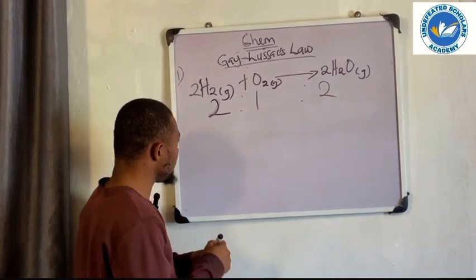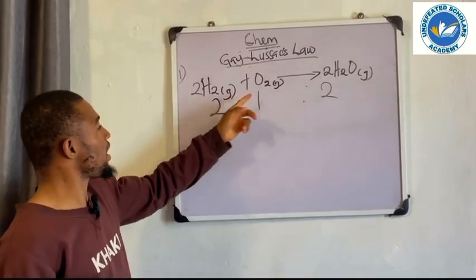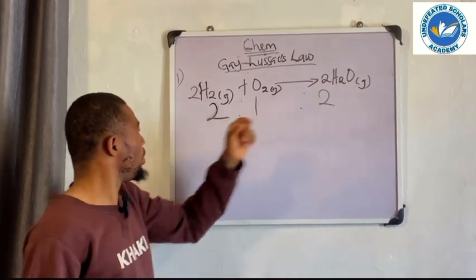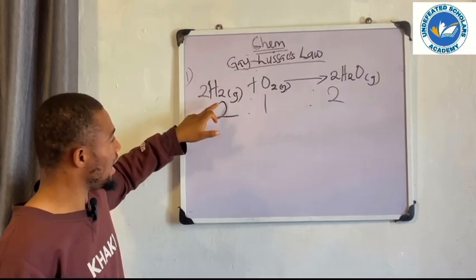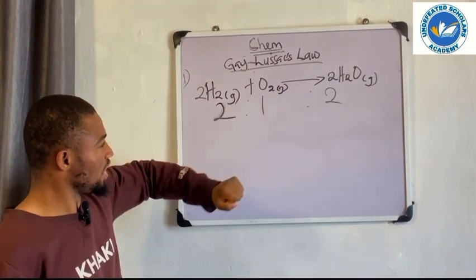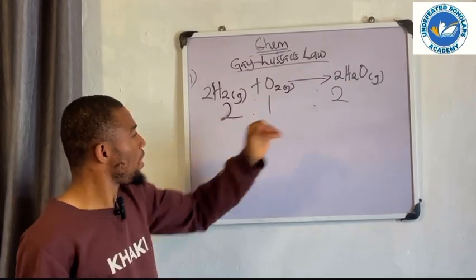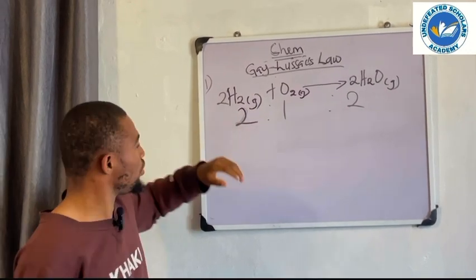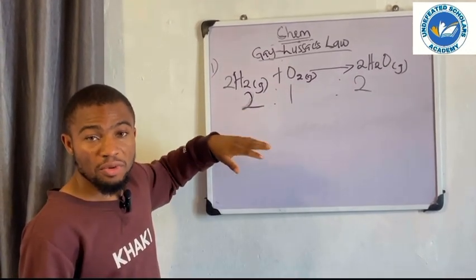All right, this is the equation for the reaction where hydrogen is packed with oxygen to give steam, that's water vapor. According to this, 2 molecules of hydrogen gas reacted with 1 molecule of oxygen gas to give 2 molecules of water vapor. According to Avogadro, at standard temperature and pressure, the volume of gases is equal to the number of molecules.